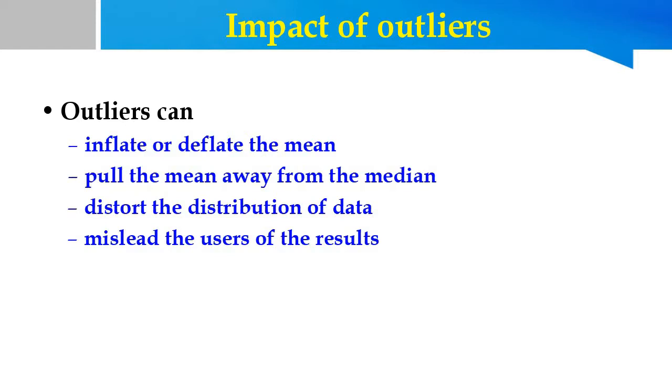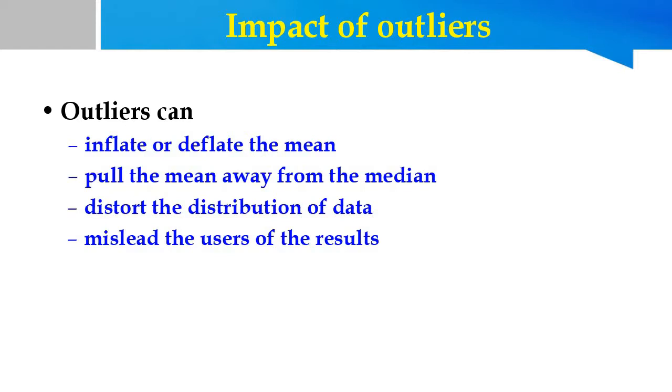Similarly, in the same variable, if an outlier is present with a value of minus 45, then obviously the mean value would be deflated.